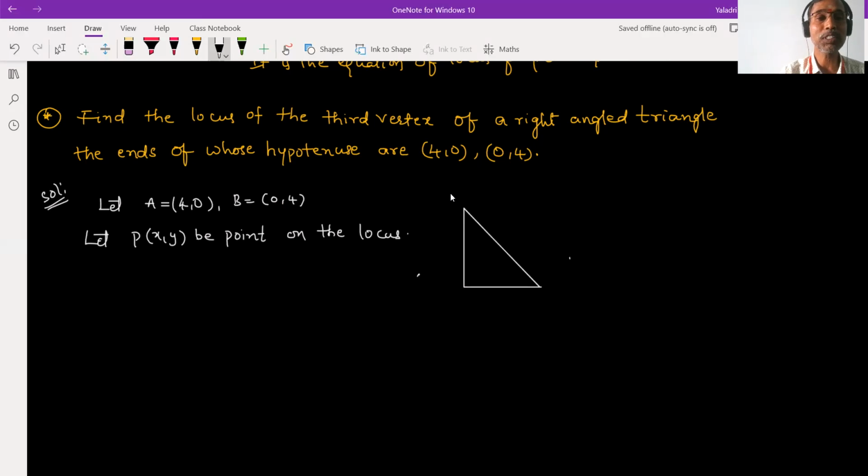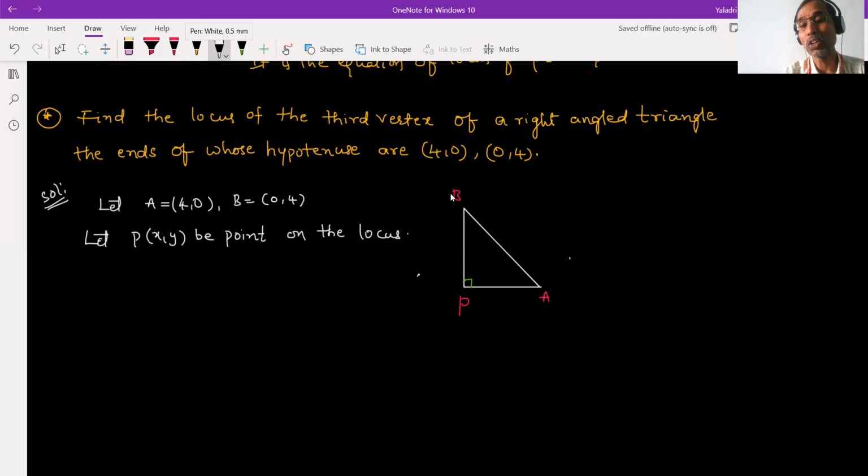You were given that the third vertex is at a right angle, so this is the right angle. These are A, B, and P. P is the third vertex. Now, what is the geometric condition?